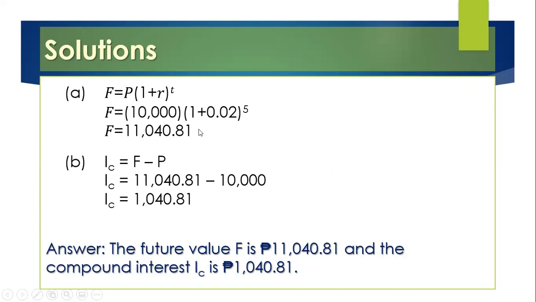Okay? So for the interest earned, minus lang natin yung 11,040 or the future dun sa pera at the start. Okay, so 11,040 and 81 centavos minus 10,000 is 1,040.81. So yun yung in-earn ng pera mo after in-invest. Okay, compounded yung interest.